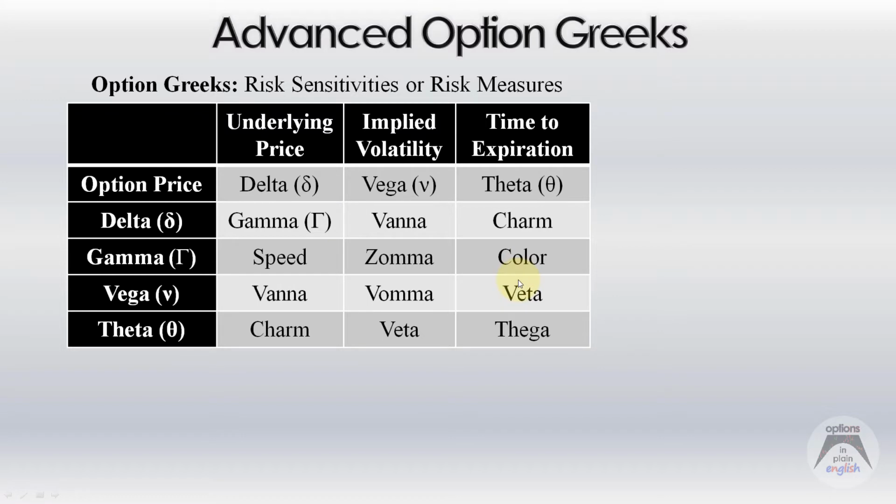Now, these ones have funny names and they're good for a laugh. But in reality, we don't need to know how to calculate them. It's important to know what they measure, but the most important thing is to know how gamma changes as underlying price changes, as the implied volatility changes, and as time to expiration changes.